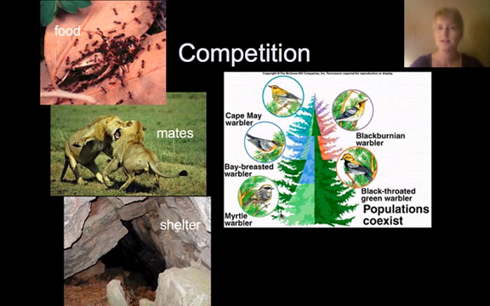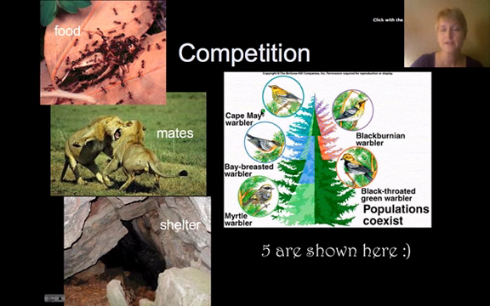So here's kind of the effects of competition. This shows a species of warbler, and there's actually 4 species shown here. So we have the Cape May warbler, and it lives in the tops of the trees.